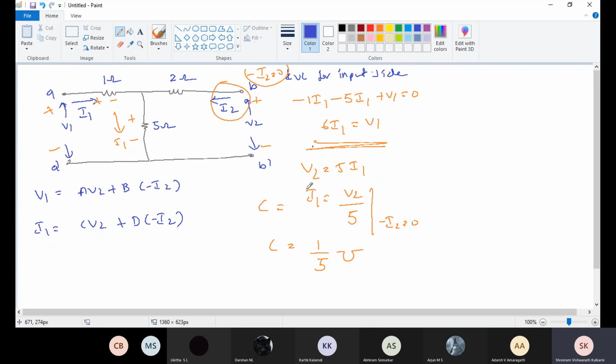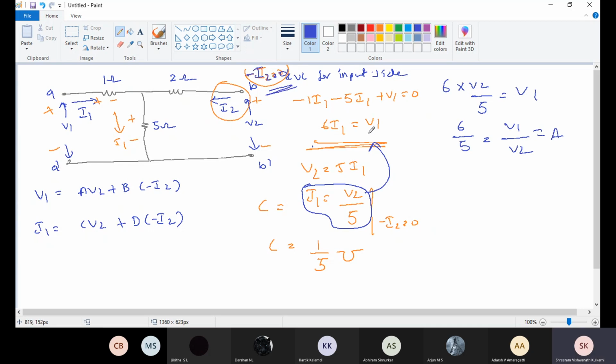Here, I'm going to substitute I1 equals V2 by 5 in this equation. 6 into V2 by 5 equals V1. So that I will get A, where 6 by 5 is equal to V1 by V2, this is nothing but A, with I2 equals 0.